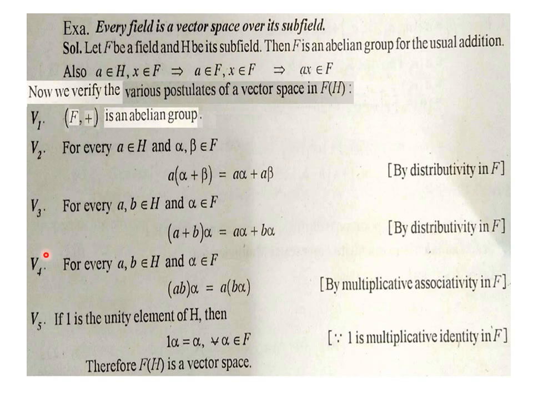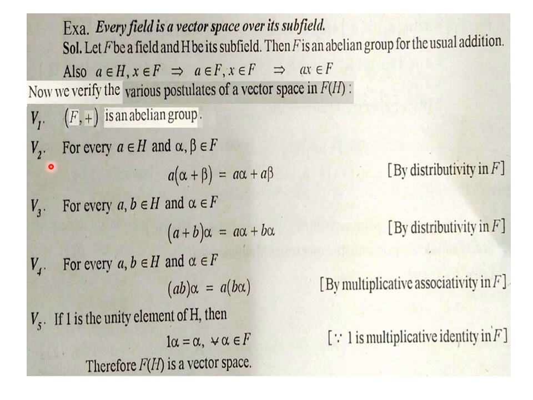Then V1 to V5. V1 was that V under plus is an abelian group, meaning V11, V12, V13, V14, four properties. Those four properties will easily hold good for F under plus because F itself is a field. So we are using all the 11 axioms of the definition of field here in favor of this example.